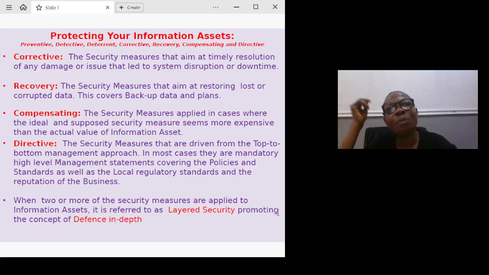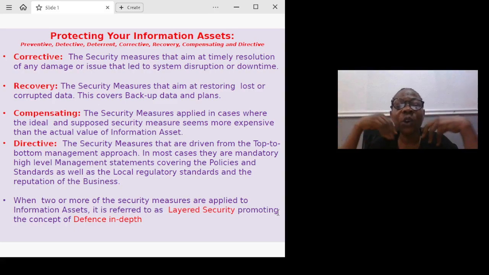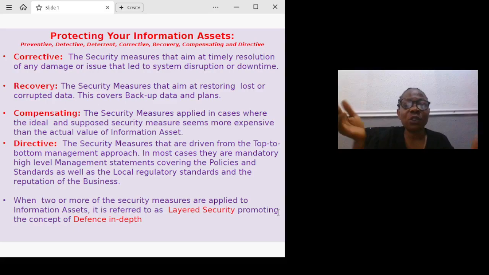You don't just rely on preventive controls alone, you rely on each of them. So in your organization, you put them in place one after the other. Start with identifying your assets, and then categorize your business into administrative, technical, and physical. Then analyze where preventive controls, detective controls, and deterrent controls apply, and make sure you put them in place.